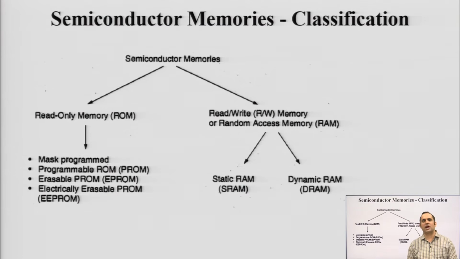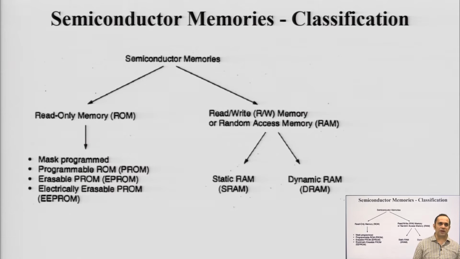Although you can do the writing operation, that is usually a one time exercise, and ROM itself can be classified into different categories: mask programmed, programmable ROM, erasable programmable ROM, electrically erasable programmable ROM. So, these are basically the various techniques on the basis of which you can classify the way you can write the data in your memory.